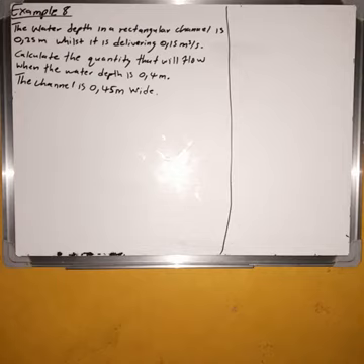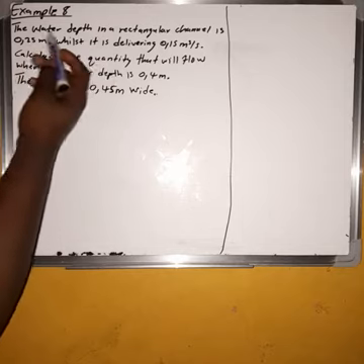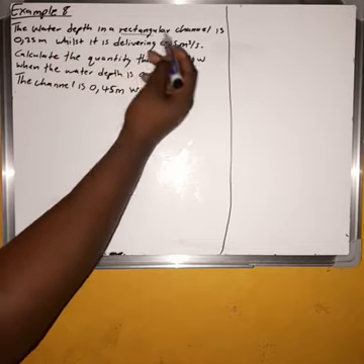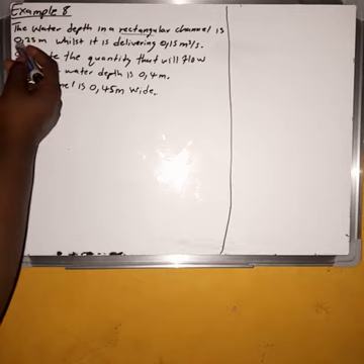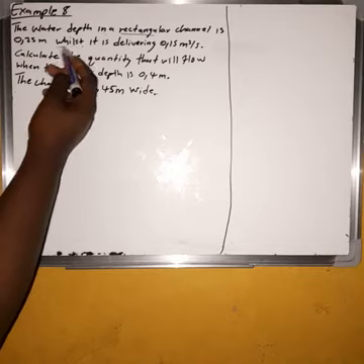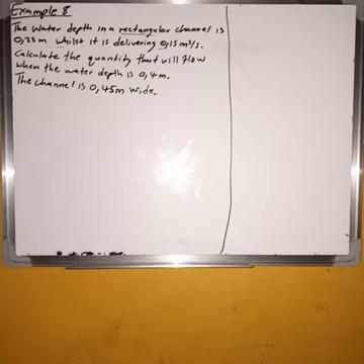Okay, we're still under the flow of water in open channels. We have a question here. It reads as follows: the water depth in a rectangular channel is 0.25 while it is delivering 0.15 cubic meters per second.